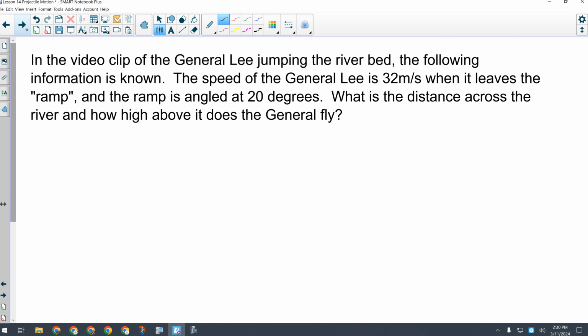What we've got here is that the speed of the General Lee is 32 meters per second when it is launched. It's going off a ramp, so it's being launched like this. We know that the angle it is launched at is 20 degrees.